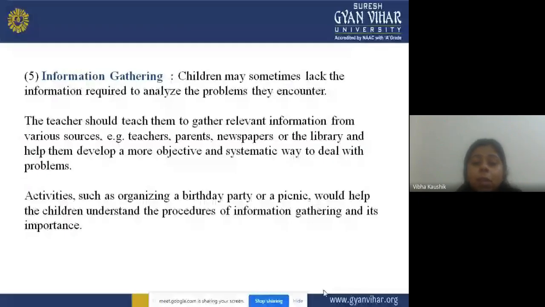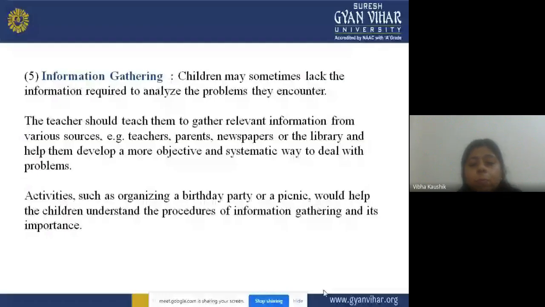For example, they can collect information from parents, newspapers or the library. This helps them develop an effective and systematic way to deal with problems. The information collected from various sources will help them develop a more positive attitude, which is not subjective, and an organized way to deal with the problems.